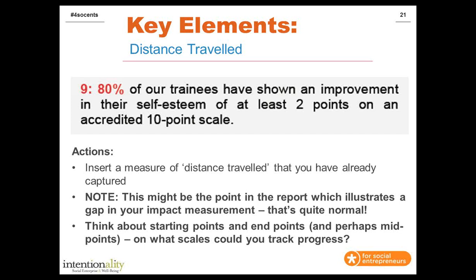So something like a 10-point scale, let's say, from 1 to 10, relating to self-esteem. And in our fictional example of Awesome Enterprise, they say that 80% of their trainees have shown an improvement in their self-esteem of at least 2 points on an accredited 10-point scale. And you might be able to describe something for your social enterprise along those lines.